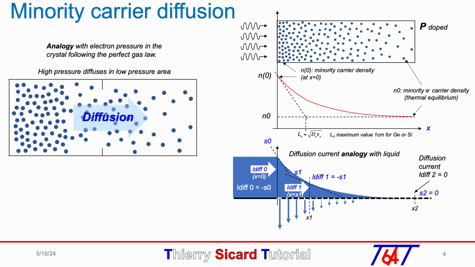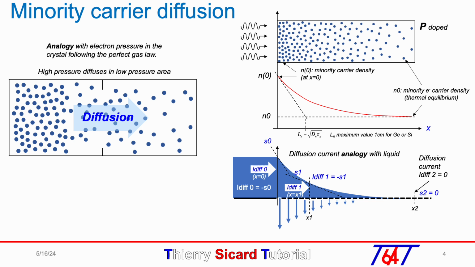Now, if we are looking at the water infiltrated in the soil versus x, represented by arrows directed to the bottom, we will see that arrows are stronger at x equals 0 and 0 when x is high. This water infiltration in the soil is the analogy with the recombination current.